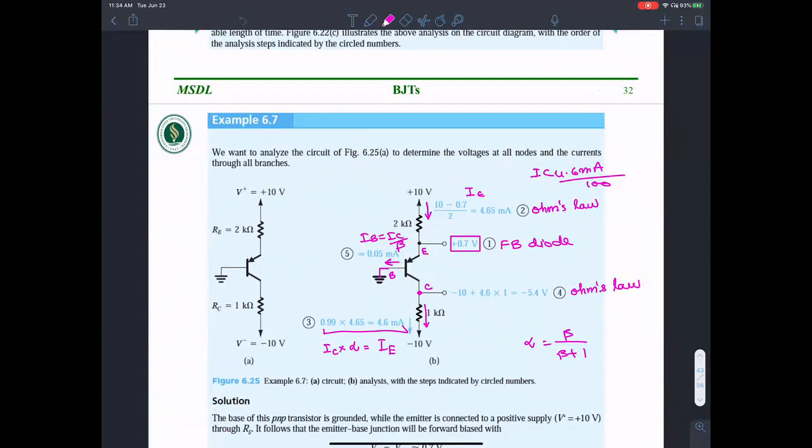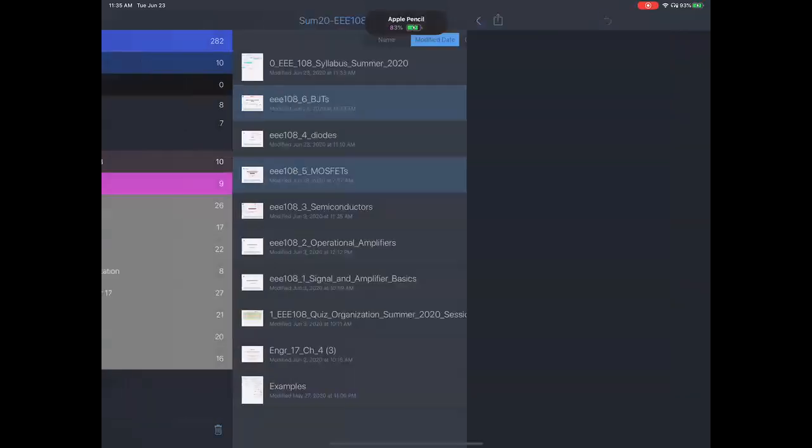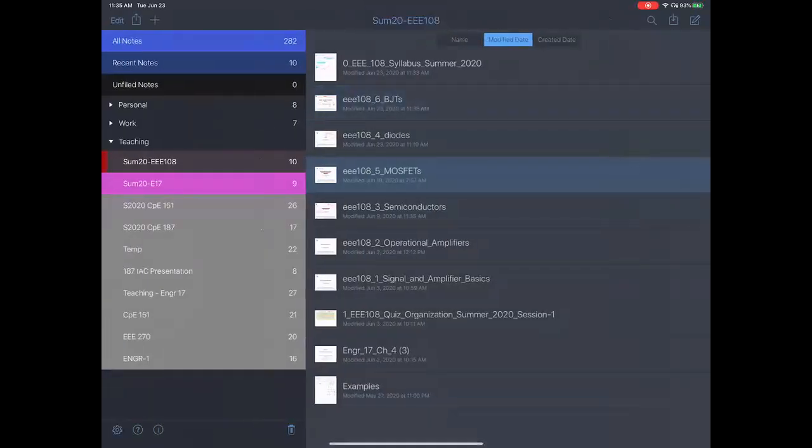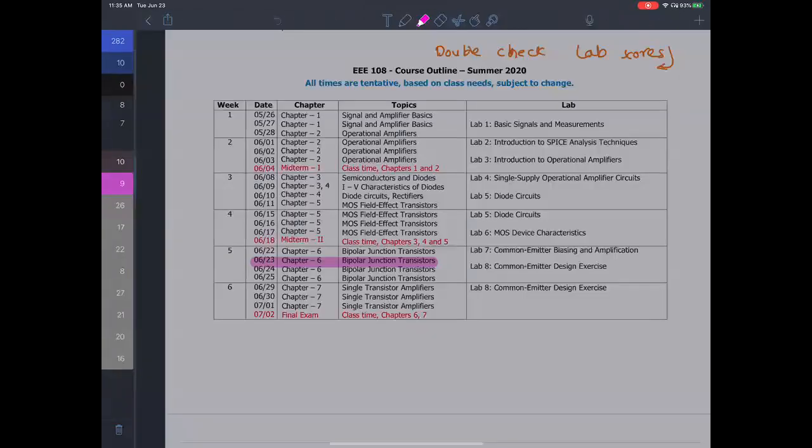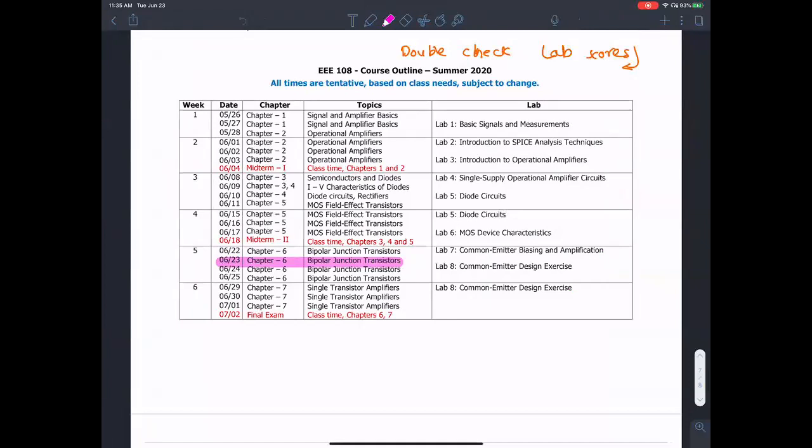In addition, given that we are a little ahead of schedule, I want to give you a head start on the next chapter, which will be amplifiers: single transistor amplifiers using BJTs and MOSFETs.